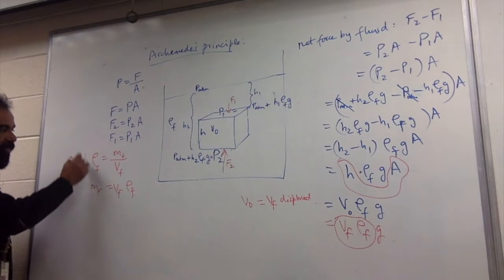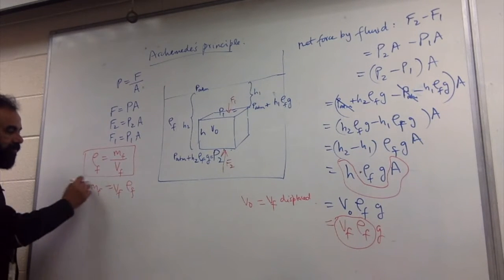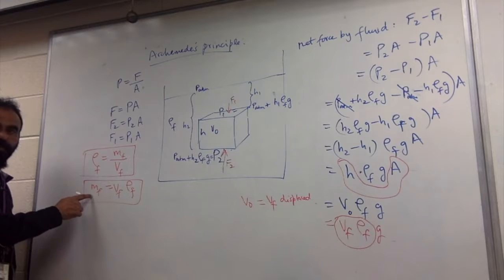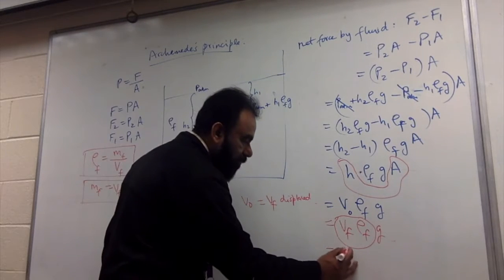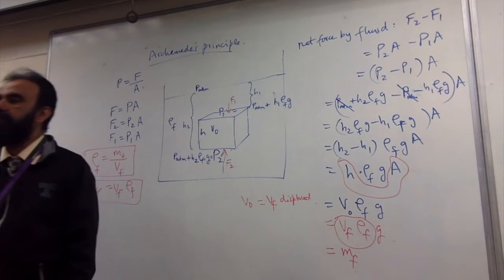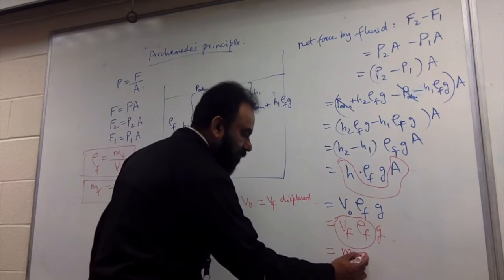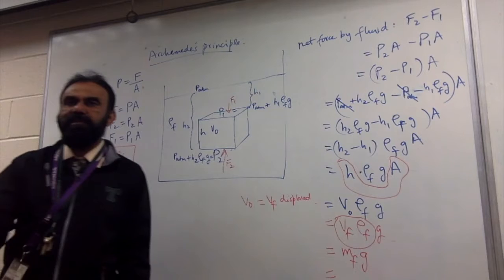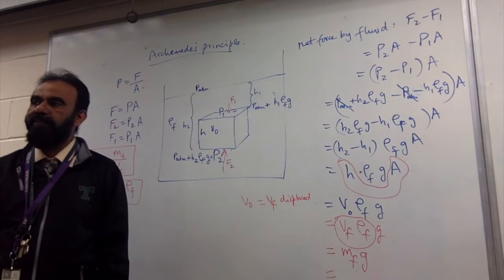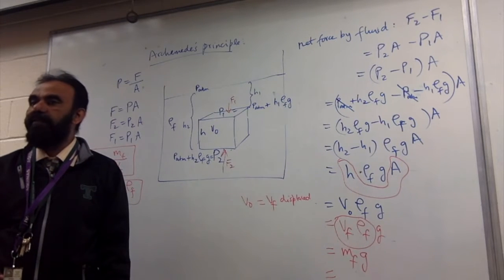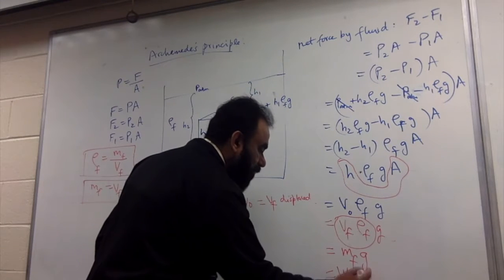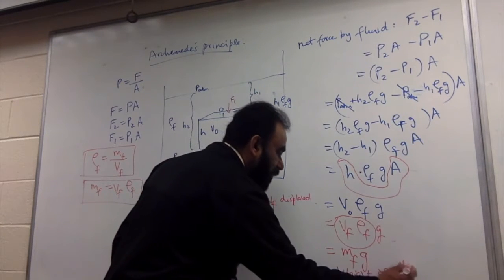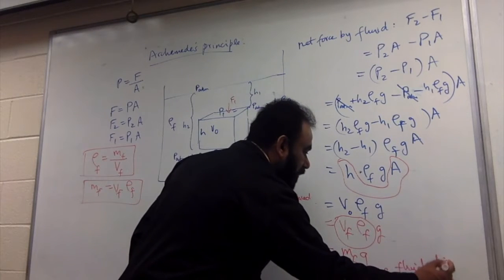These are all equations that you're definitely going to use. Mass of fluid displaced is this, times gravity. What is mass times gravity? It's weight. So this is the weight of the fluid displaced.